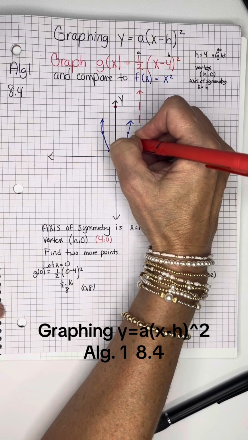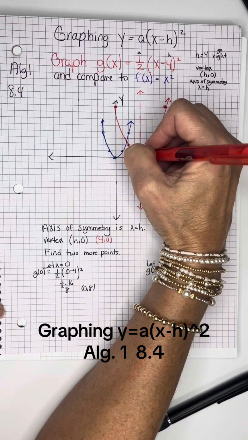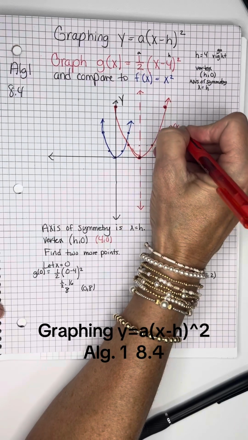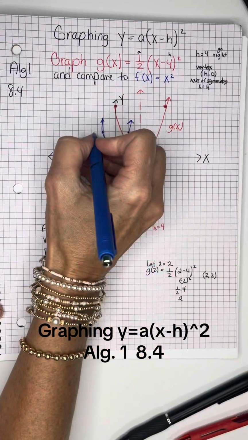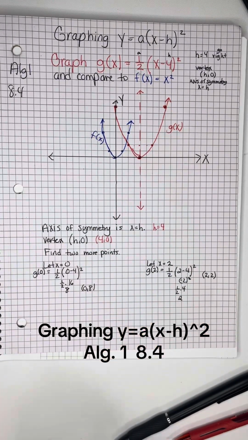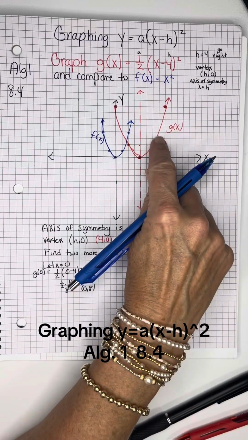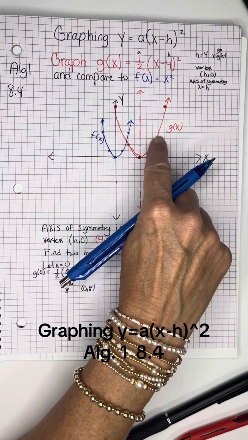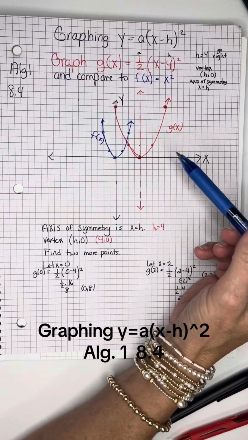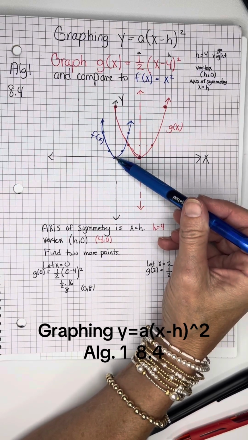So here is my g of x graph. Here was the parent, f of x. Okay, both graphs open up. The graph of g happens to be wider than the graph of f. The axis of symmetry is different. It's 4, where on the f of x it is x equals 0.